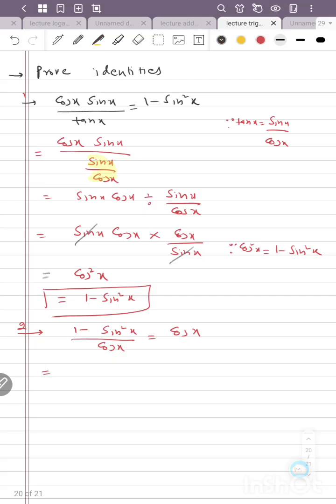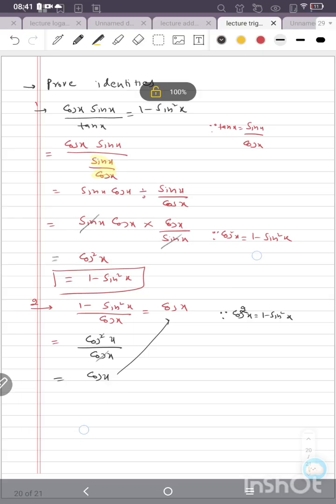Here we write the formula cos square x equal to 1 minus sine square x. 1 minus sine square is cos square x, and this cos and the other cos cancel each other, so we get cos x. This is our right hand side.